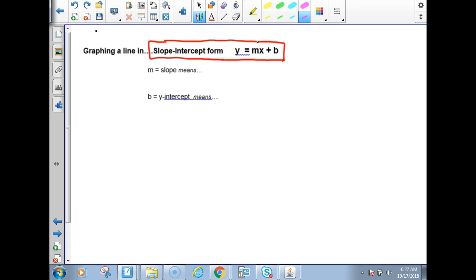Slope is a number. It is only the m part of the equation. Slope equals the m. It is the number or coefficient of x. The b value is called the y-intercept.